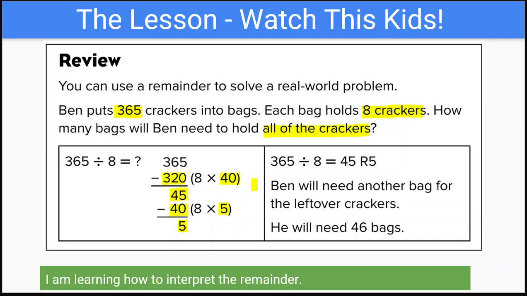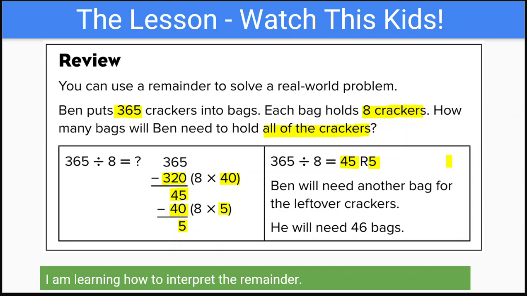Now, the quotient: it turns out we used 40 and then we used 5. So the quotient is 45. And the remainder is 5. So Ben will need to use 45 bags, but wait, he's going to have 5 crackers sitting there on the table. They still need to be put into a bag also.